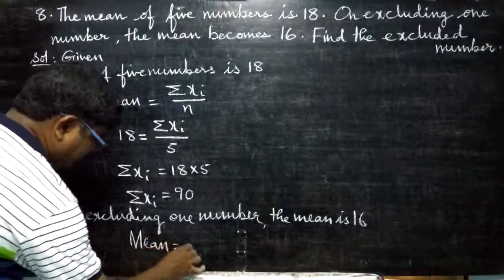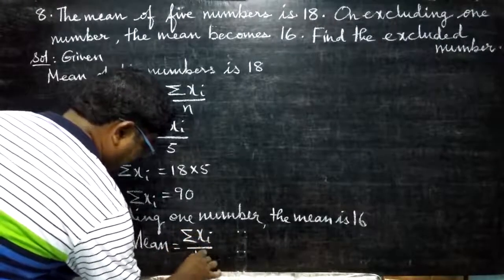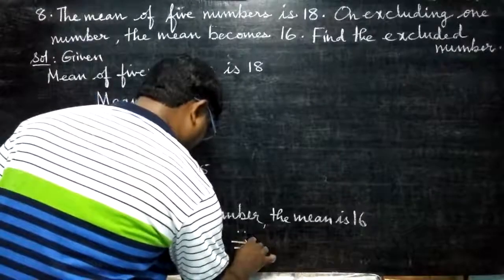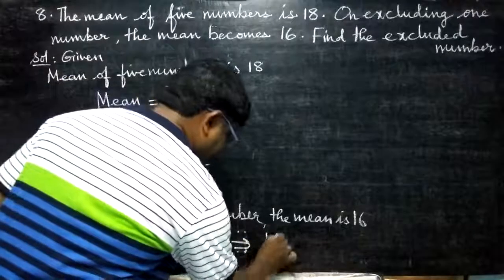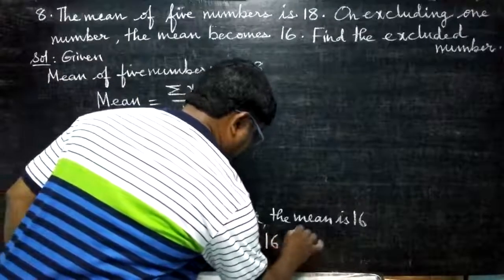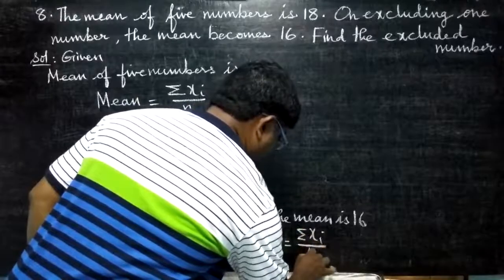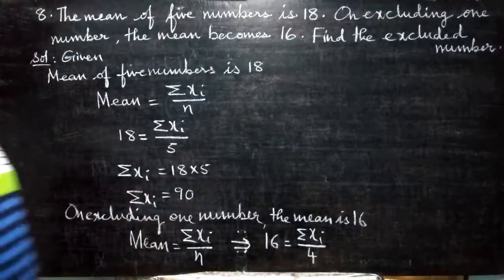Mean is equal to sigma xi by n. Able to follow? That implies 16 is equal to sigma xi by n. Out of 5, 1 is excluded, so 4 will be there.